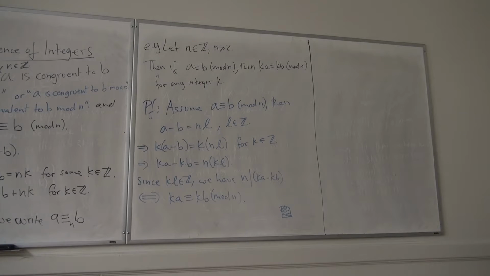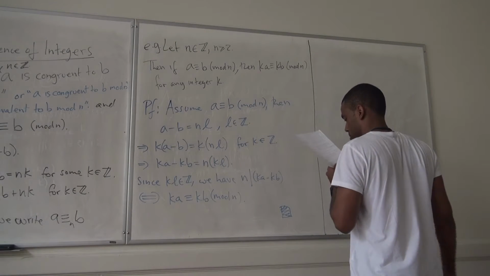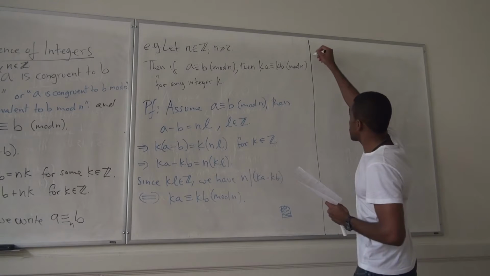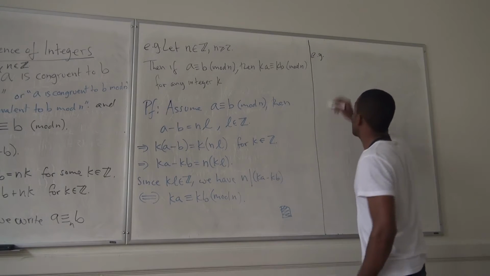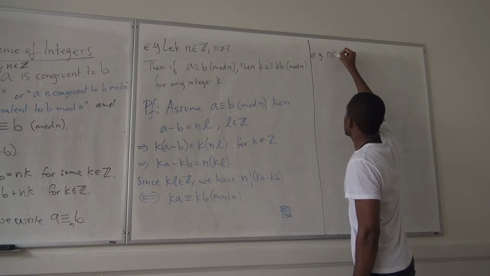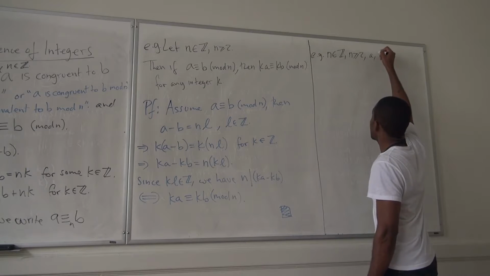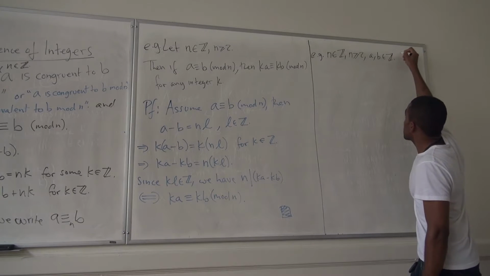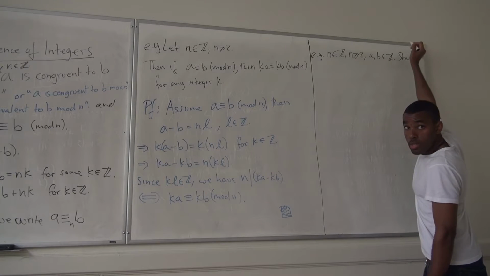And about this one, I'm actually not sure if your book proves it, but I feel like it will. So n is an integer, n greater than or equal to 2, and A and B are integers. Someone have a question?